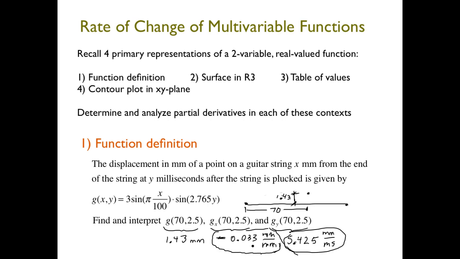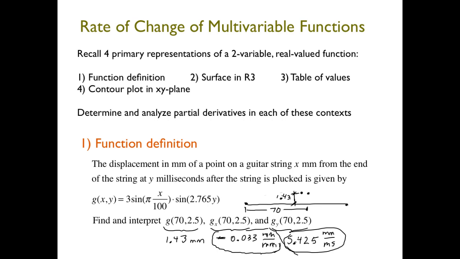All right. So go down. Let x increase a little bit. The change in displacement in the string will be negative 0.033 times whatever change we have. Meaning that if we go this way, is the string going up or going down?